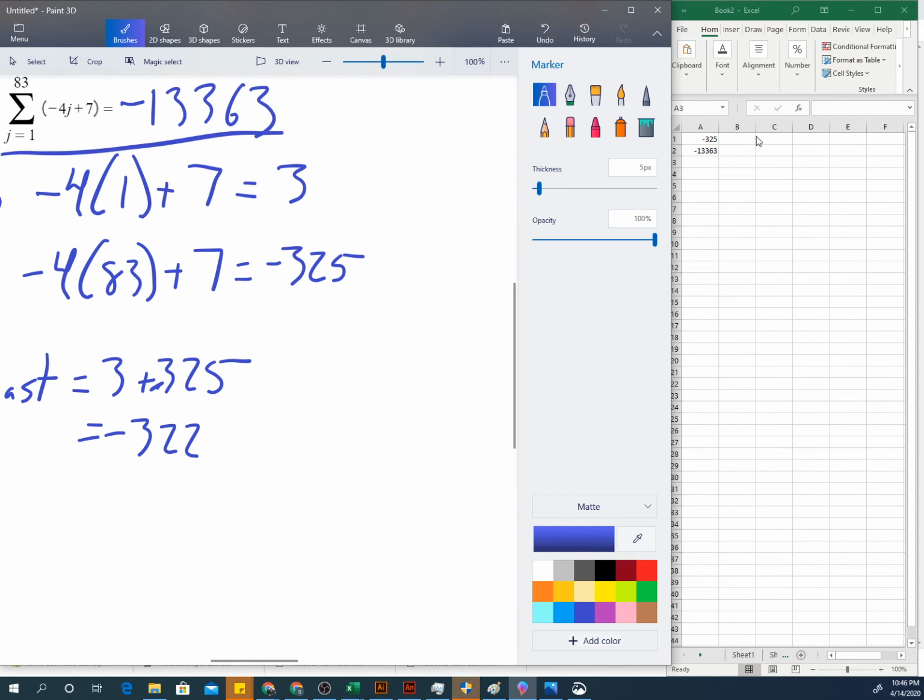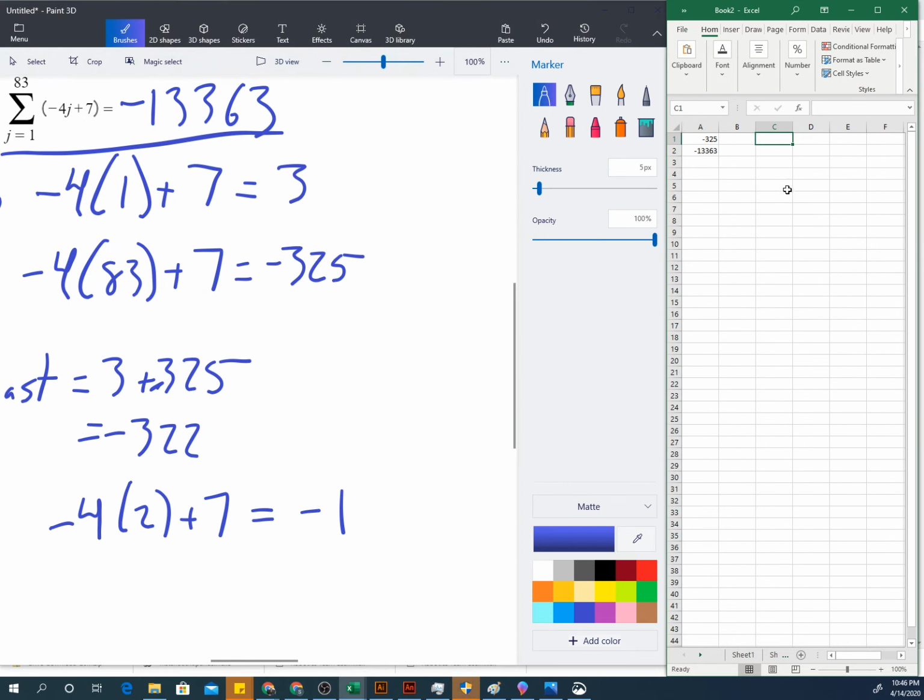And if you want to check this, go through and find one or two numbers. So I'm just going to find the next number. Negative 8 plus 7 is negative 1. And somewhere here, and make sure you're in the first row. That'll make it a lot easier for you if you're in the first row. Type in your first number. To go from 3 to negative 1, it's going to be adding a negative 4 or subtracting 4.